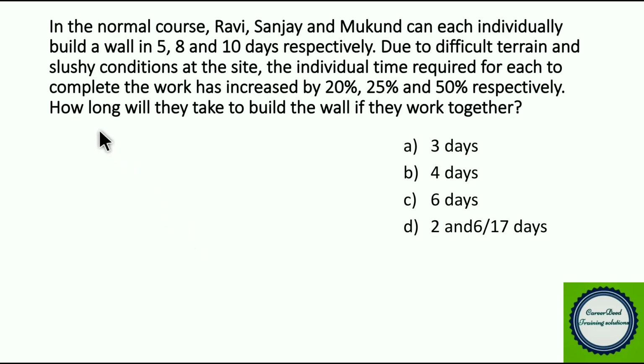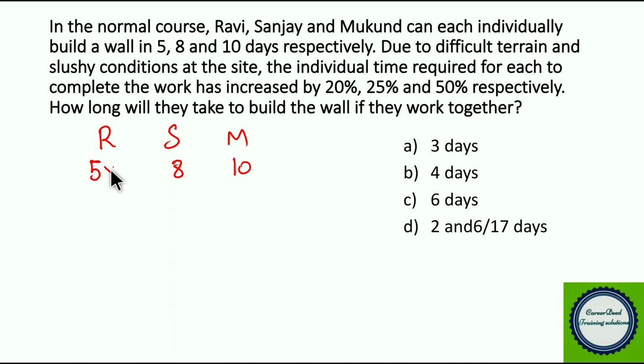So we have three people, Ravi, Sanjay and Mukund. Due to difficult terrain, the time increases, right? So usually they can complete the job in 5 days, 8 days and 10 days. And the time increases by 20, 25 and 50% respectively.